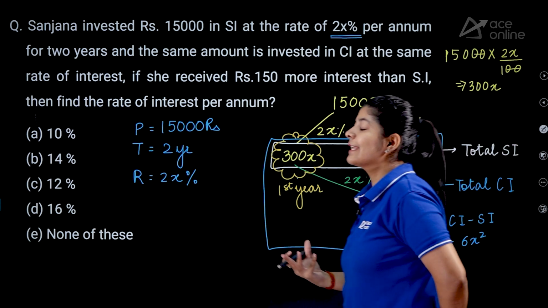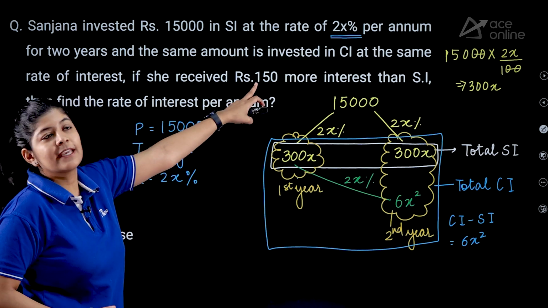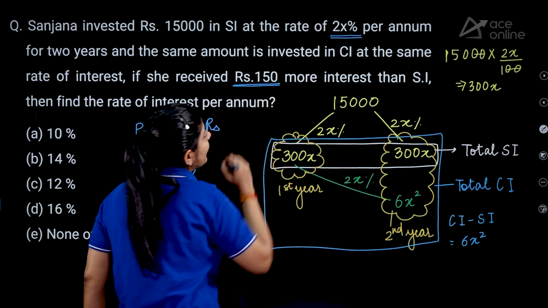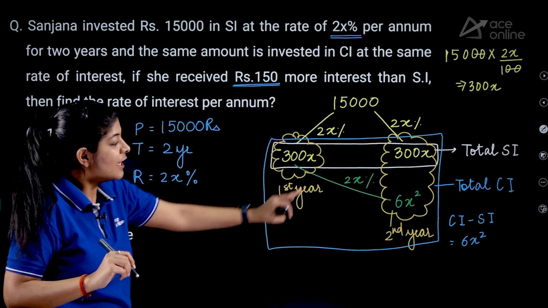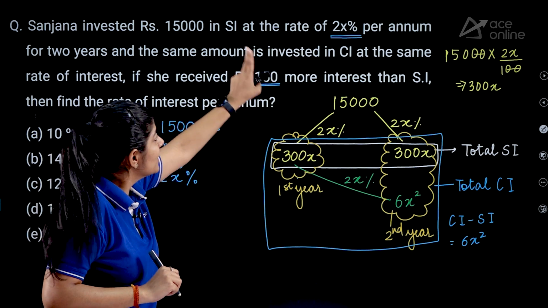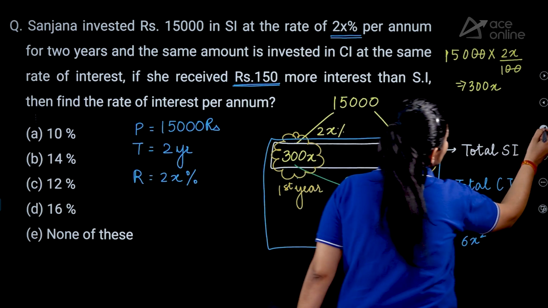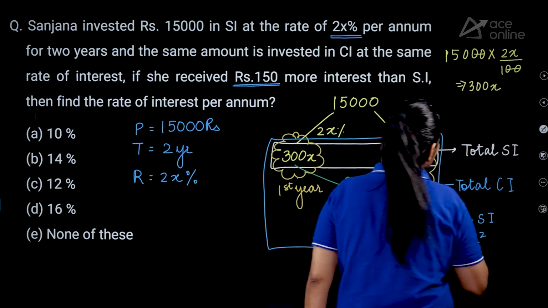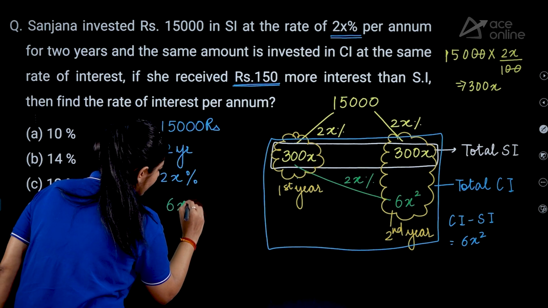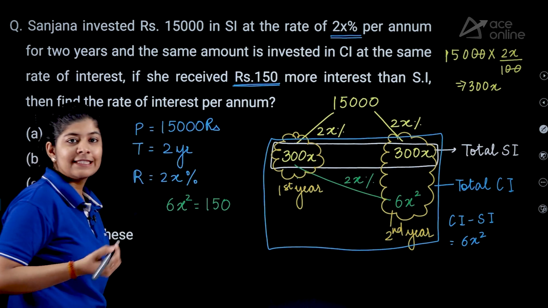But the question says that the difference that we are getting is not 6x square, it is actually equal to 150. That means this 150 is equal to 6x square as per our question. As per our question, this 6x square is equal to 150 rupees, right?